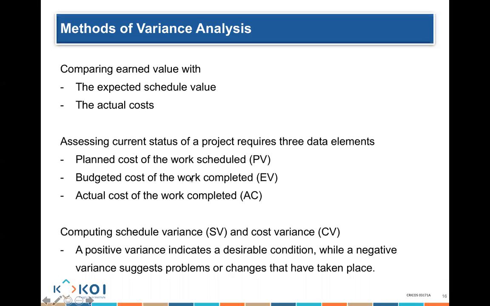My budgeted cost of the work completed is the work that I've actually earned. How much work, in dollar terms, have I actually completed? Actual cost: at what cost have I actually completed the work at any particular point of time?